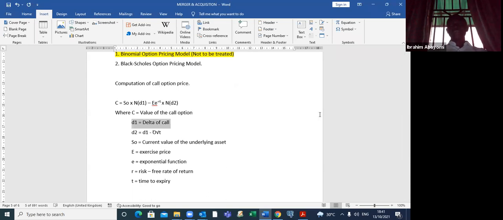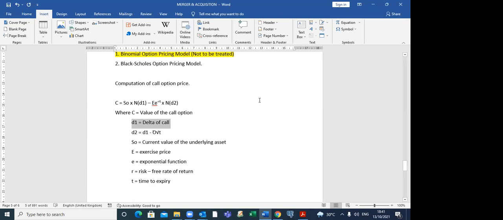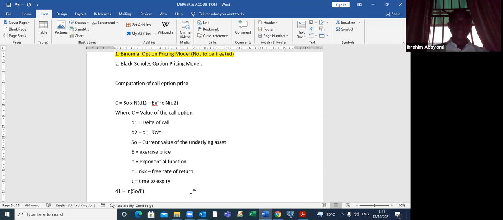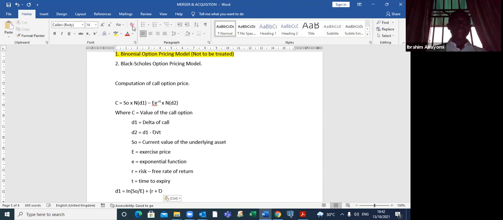To compute it, D1 is equal to, in open brackets, S0 over E, close bracket, plus open brackets R plus variance over 2, close brackets, times t. The square root of variance is standard deviation, so the variance is the standard deviation squared, raised to power 2.